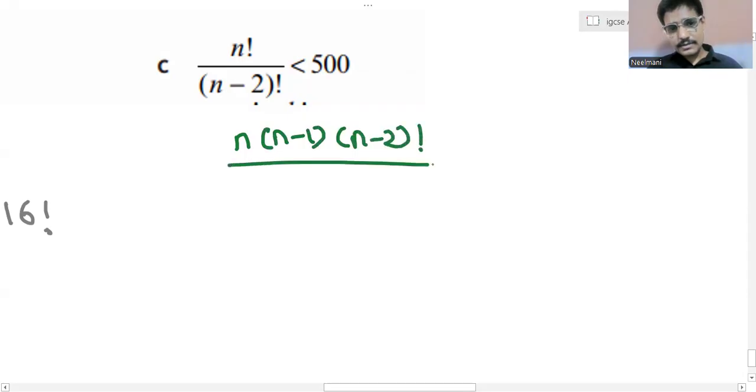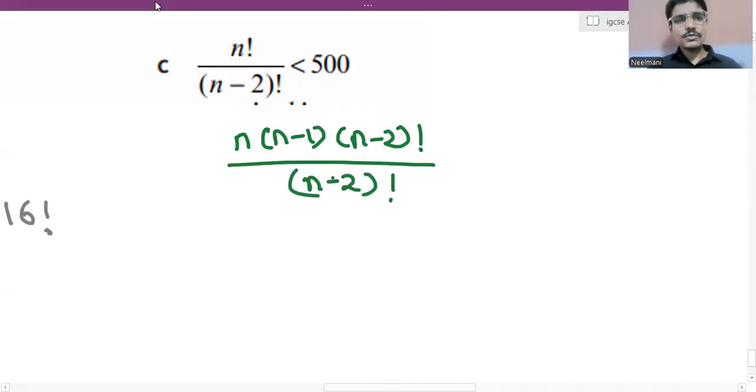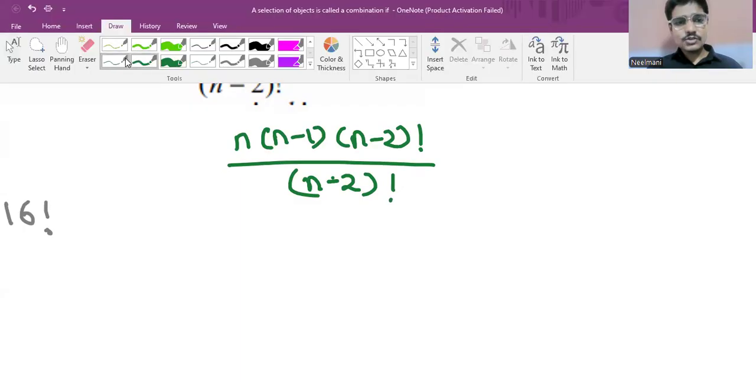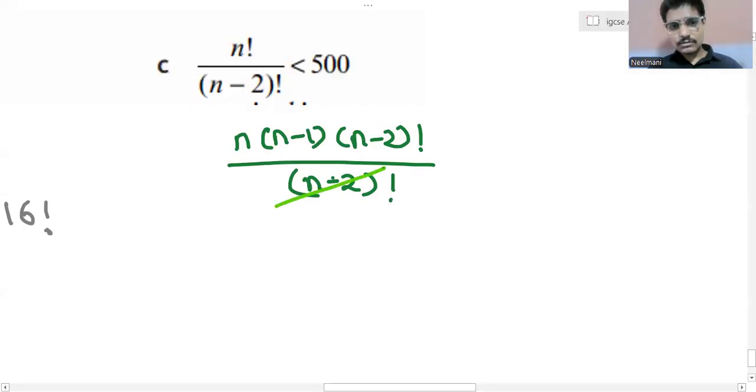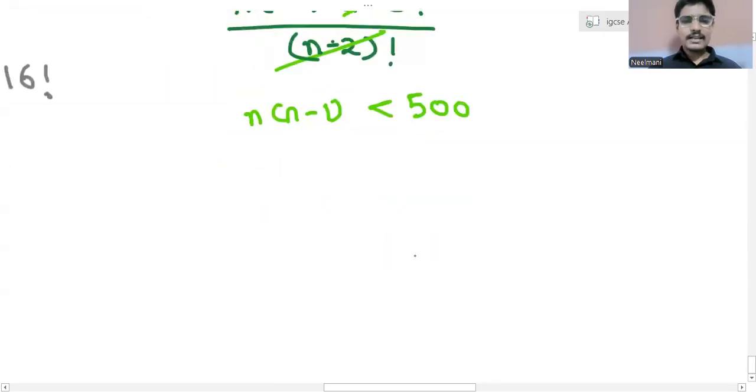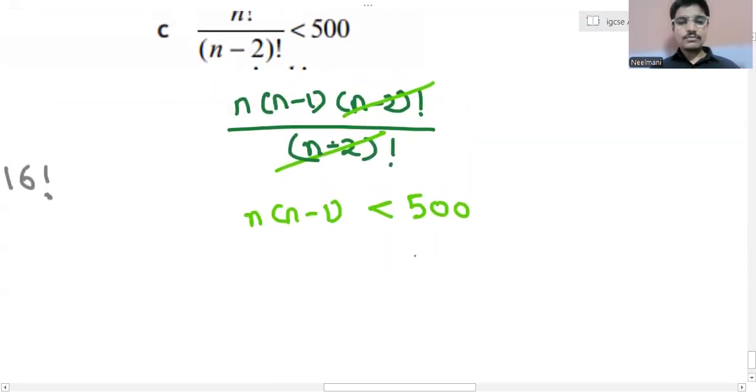In this way, we can simplify this fraction first. The n minus 2 factorial terms get cancelled out. After cancelling, we are left with n into n minus 1 should be less than 500.